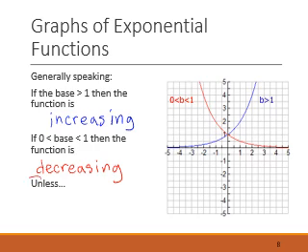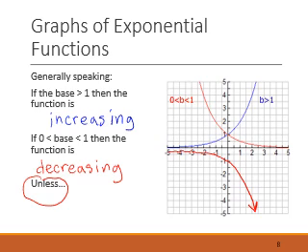Once again, though, at the bottom of the slide, we have this unless statement because, you know what's coming soon, transformations. Imagine we were to take this blue graph and reflect it over the y-axis. Well, if you take that blue graph and reflect it over the y-axis, then it's going to look something like this.